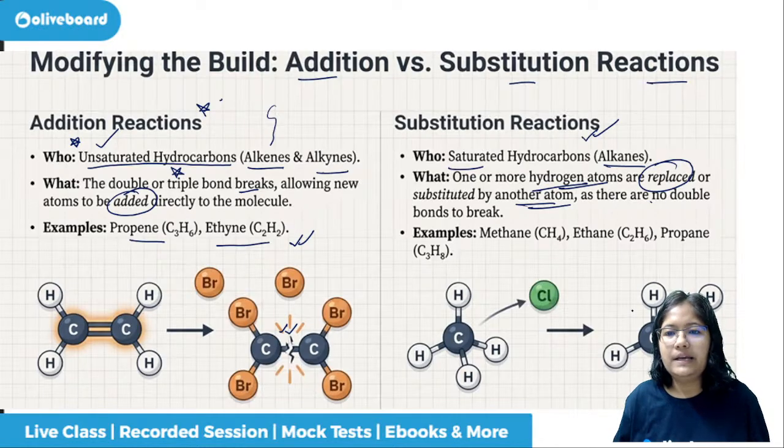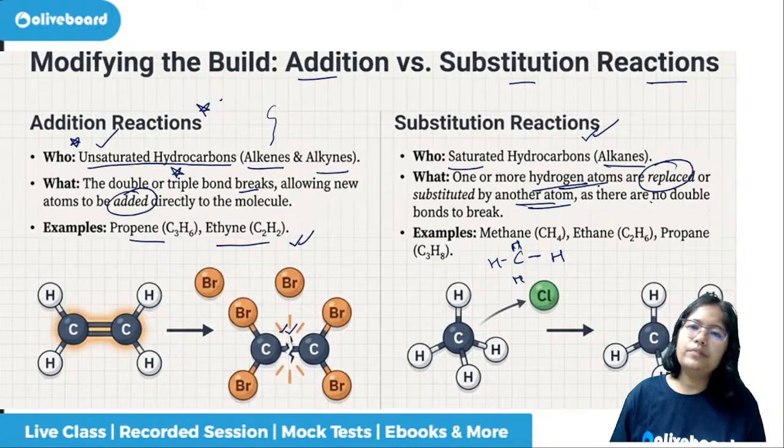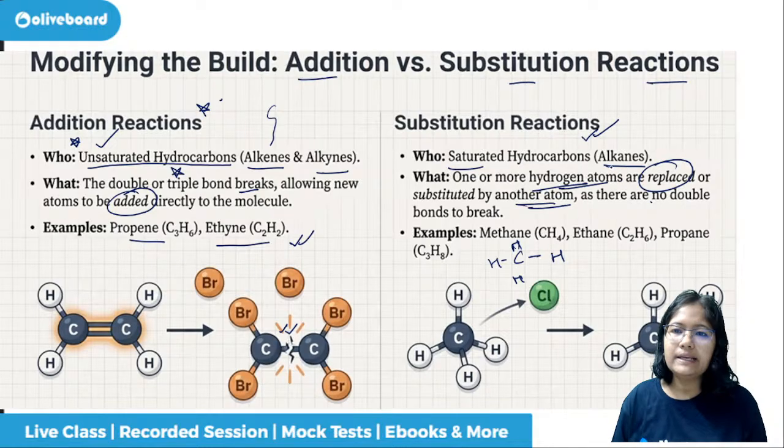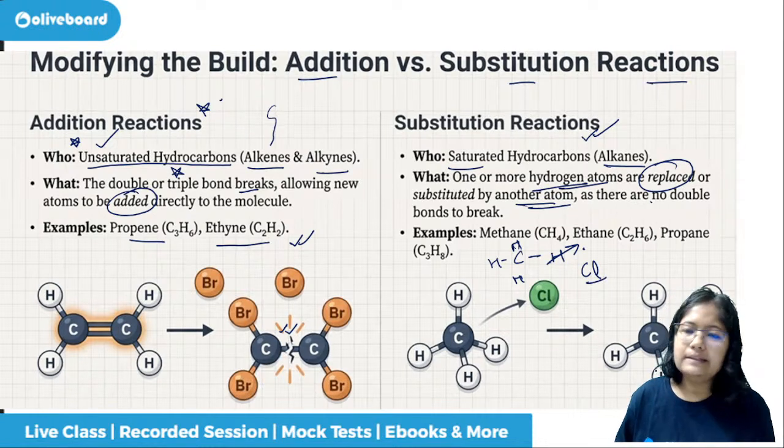Say for example, when we had methane, CH4, carbon hydrogen, okay, this is your methane. Now this is already a single bond, this is already an alkane, nothing is there to break. So we can replace one H with, say, chlorine, or whatever you want to replace it with, and then we can form the new compound.